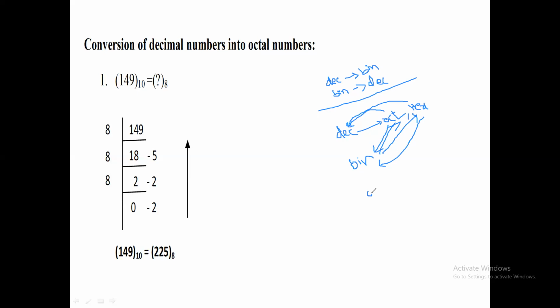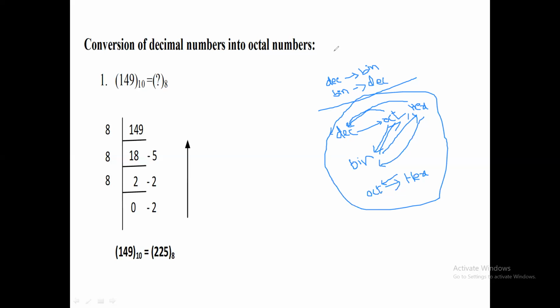And then the mutual conversions between octal number system and hexadecimal number system. So it is how to convert an octal into hexa number system and the vice versa from hexadecimal number system into octal number system. So together we need to learn 10 conversions nearly to understand how the number systems work.